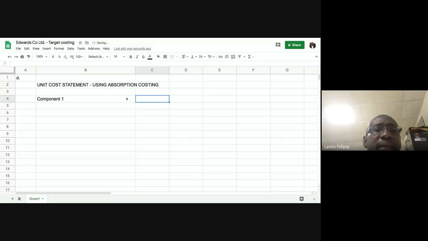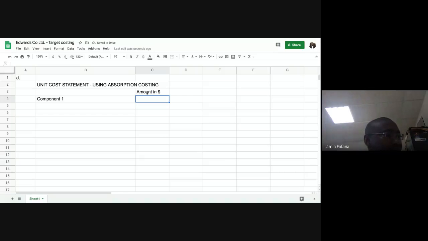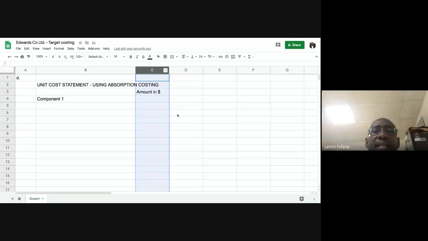Let's make it a bit big. So for our component 1, let's have a heading called amount in dollars. We're trying to be professional. So let's format this into 2 decimal places. We align it to the right.